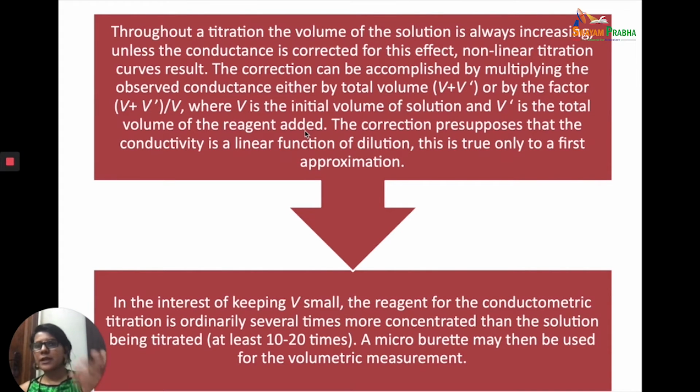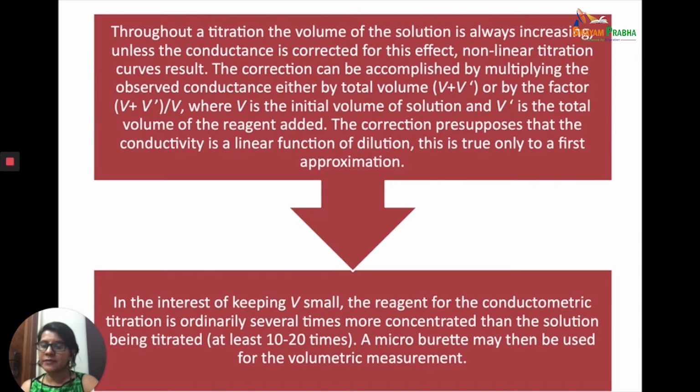So let's say you had 40 ml of the solution in the beaker, and now you are adding 1 ml of the titrant. Whatever conductance value you get on the conductometer, you multiply with 40 plus 1. Then the conductance value will be normalized and will give you a graph which is acute in nature.